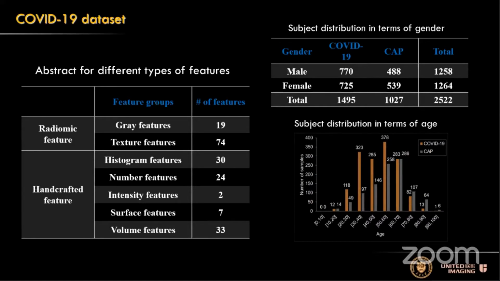Okay. Specifically, we can extract the radiomic features and some handcrafted features. Of course, we can divide them into several groups according to their different meanings. For example, radiomic features can be divided into grid features and text features. The grid features are composed of the first-order statistics which describe the distribution of voxel intensity within image regions, such as maximum, minimum, median, and so on.